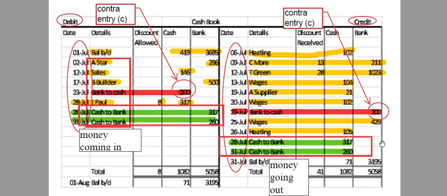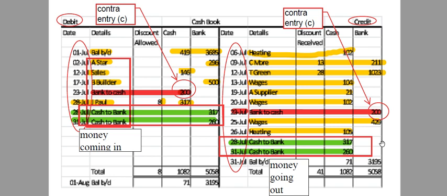The difference between these green contra entries and the red was that bank was decreasing and cash was increasing. Here it's opposite. Cash is decreasing and bank is increasing. So you are depositing cash in hand into the bank. On 28th, you deposited $317 of the cash into the bank, and then 260 or 280 of the cash in hand.